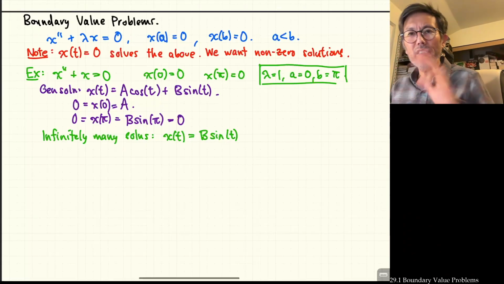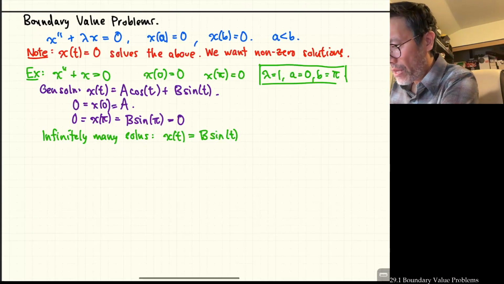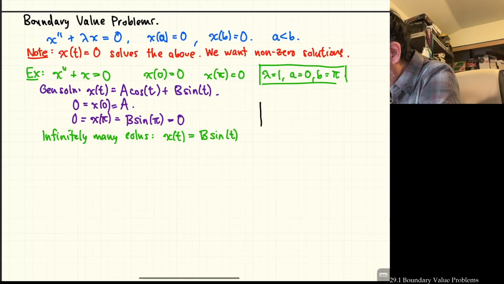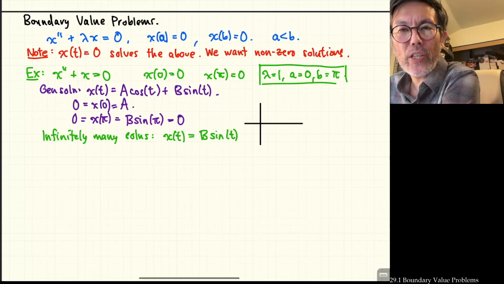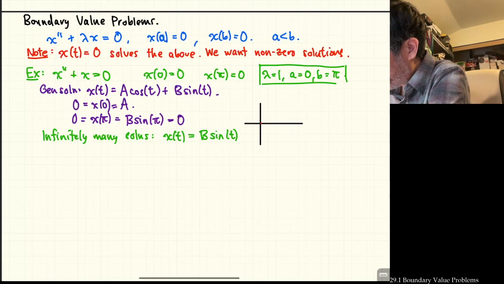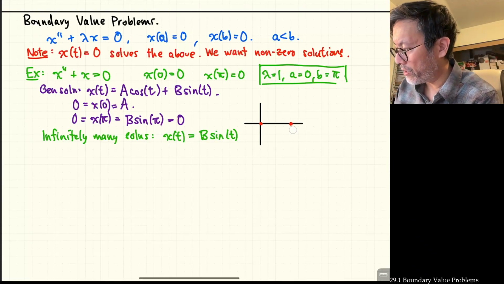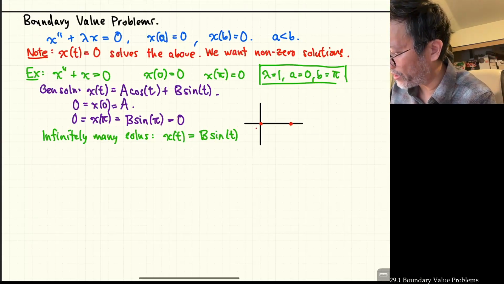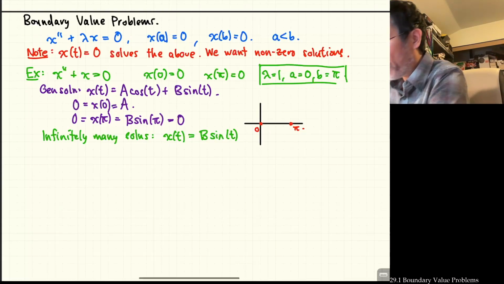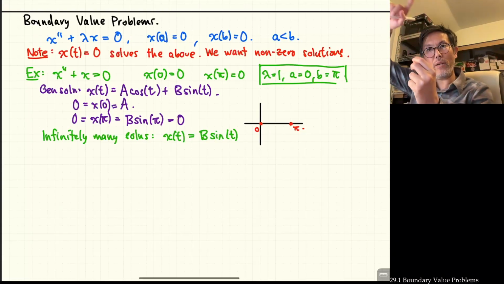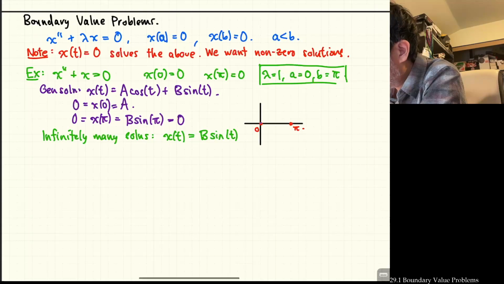All right, cool. So what is this saying? It's saying something very simple. If I draw a graph, we give a specification for the solution at 2 points, namely at 0 and pi. And we want the solution to cross the x-axis at these 2 points. So what should a solution look like? If it's b sine t, it's going to be some kind of sine wave that connects these two, like this.